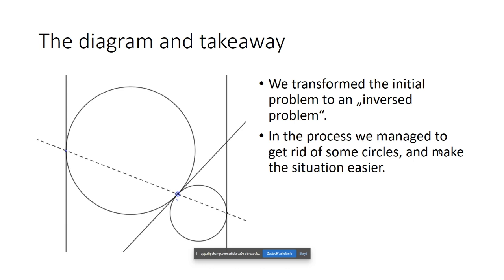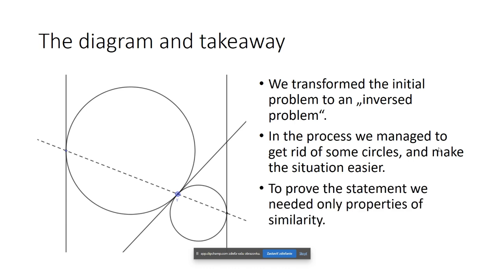So the situation became easier, and we also got a new statement which was easier to prove. Okay, we only needed some properties of similarity, and if we thought about it hard enough, it became clear that this collinearity follows from the properties of similarity. Okay, so this was the problem.